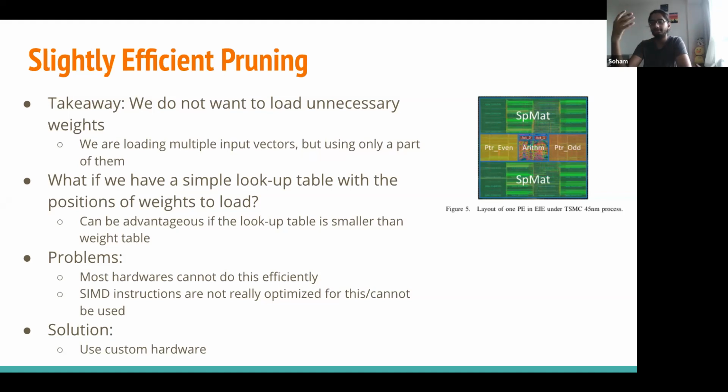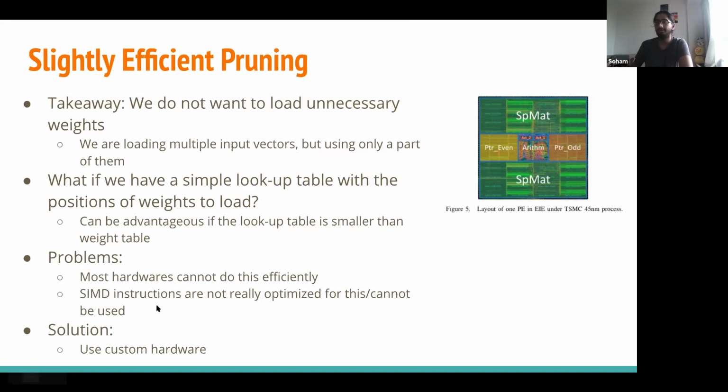Usually when we use CPUs or GPUs, there's an instruction set called SIMD, which is used for doing operations on matrices, and it's highly efficient and highly optimized. This is what is commonly used to run neural networks on your CPUs and GPUs. SIMD instructions aren't really optimized for loading and performing multiplications with sparse weights.